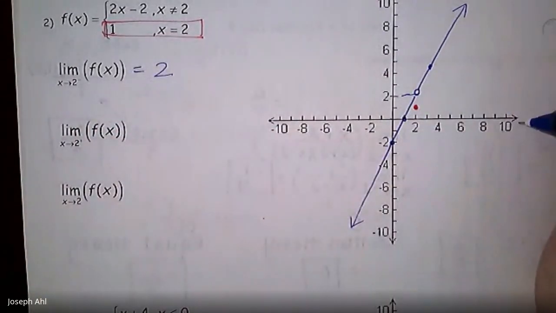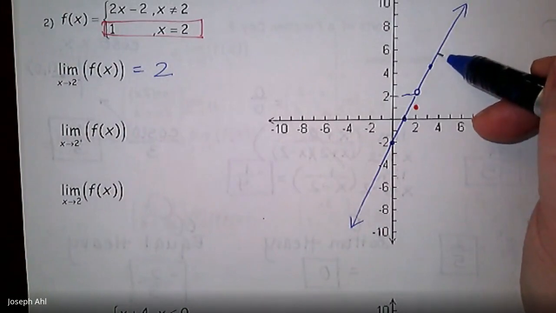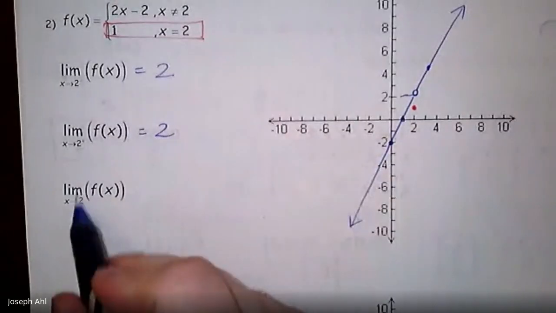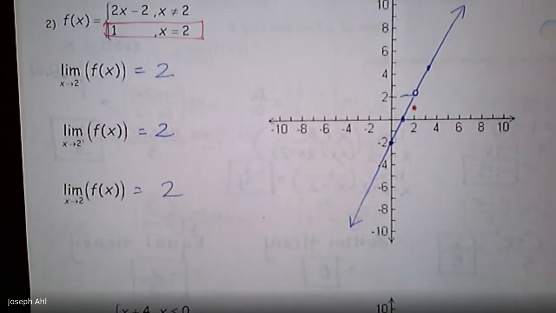And in fact, when I start on the right-hand side of the graph, as x gets closer and closer to 2, y is also getting closer and closer to 2. Therefore, the limit as x approaches 2 is 2.